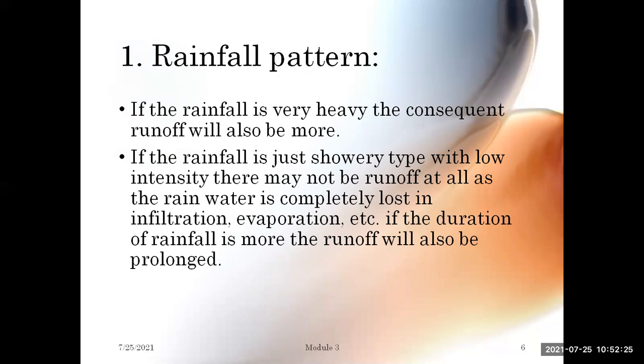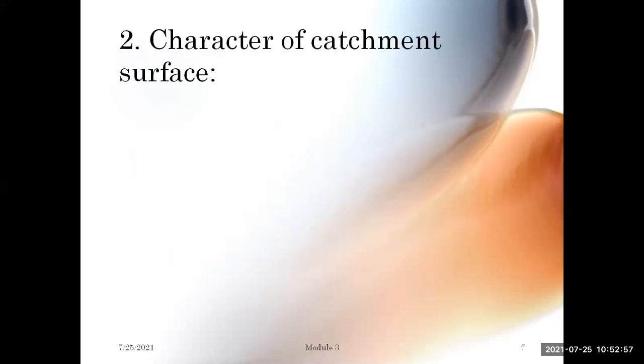In case of showery type of precipitation, there may not be runoff at all, because whatever part of the precipitation falls onto the ground surface will be lost as evaporation, infiltration, and while falling itself, due to interception or evaporation while falling, that is nothing but throughfall. In that form, the rainfall gets lost and there may not be a runoff value. That is how the rainfall pattern affects the runoff value.